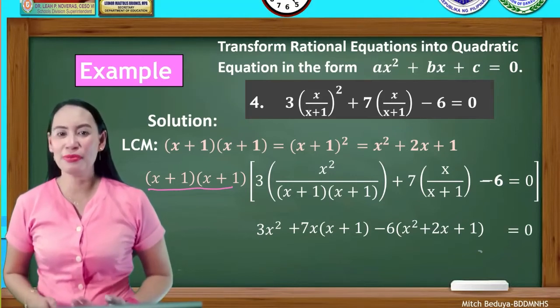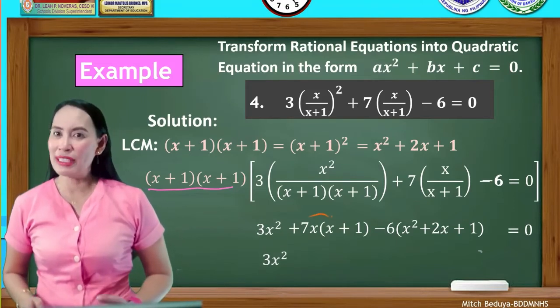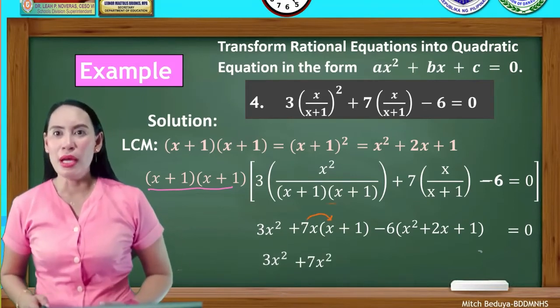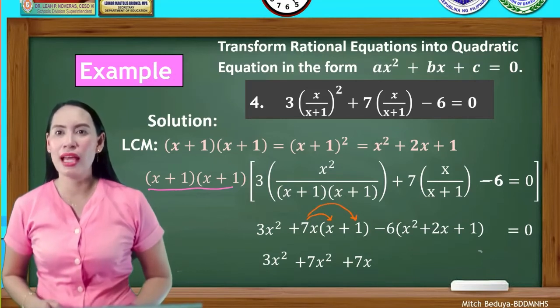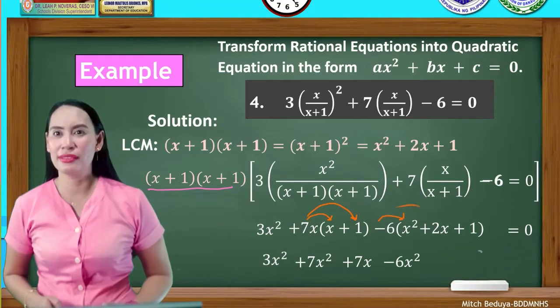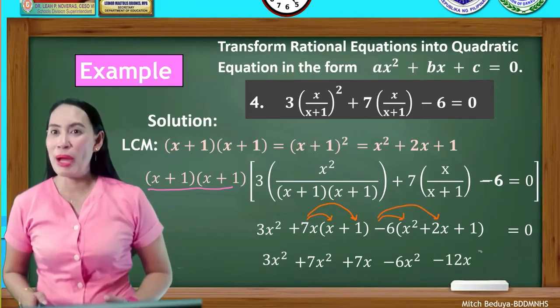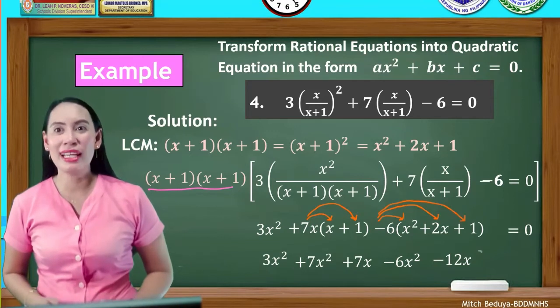We have 3x squared plus 7x squared plus 7x minus 6x squared minus 12x minus 6 equals 0.